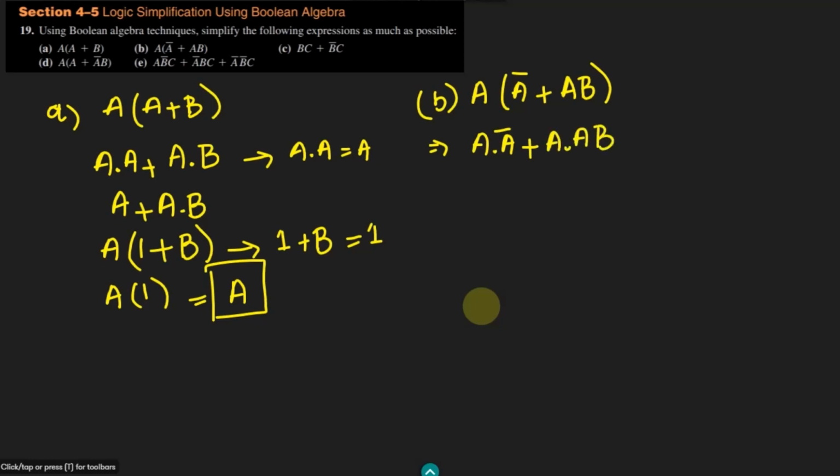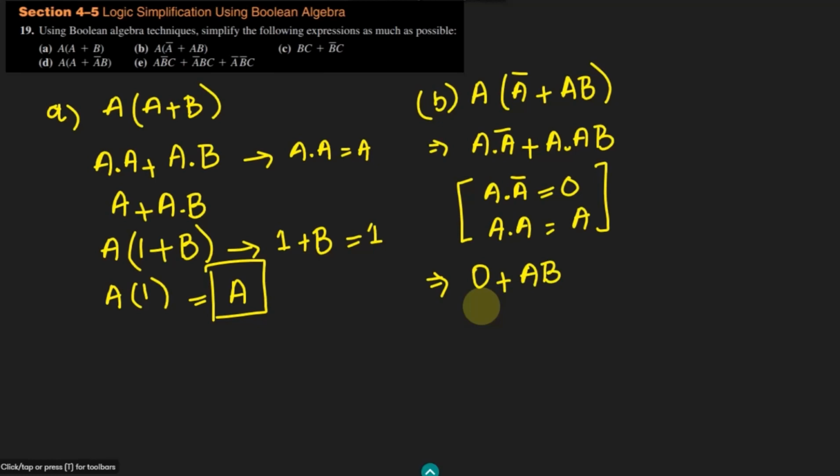So here A dot A prime is always equal to 0 according to the Boolean law, and similarly A dot A is always equal to A. Okay, so using these two laws, we will get 0 plus AB. Now 0 plus anything will give me that thing.